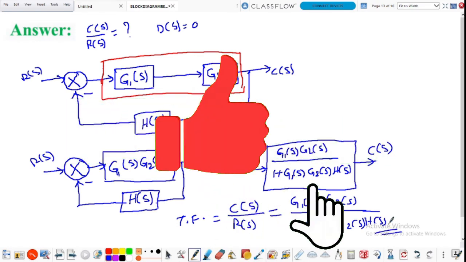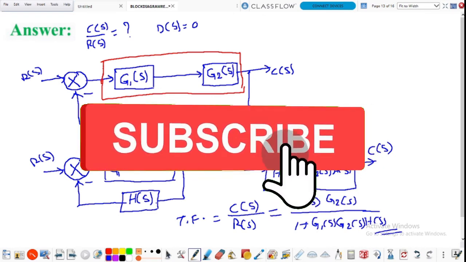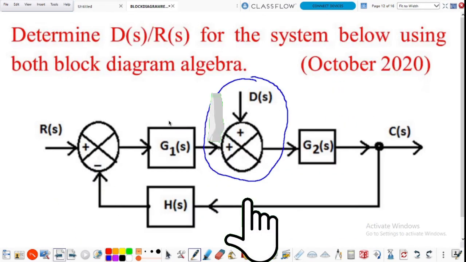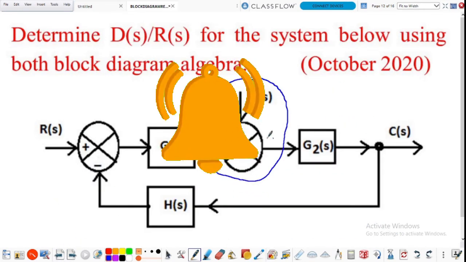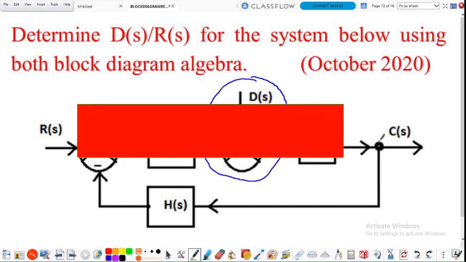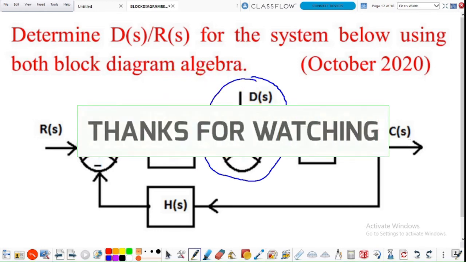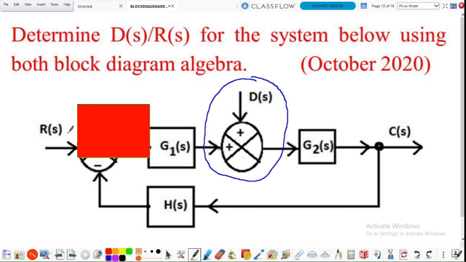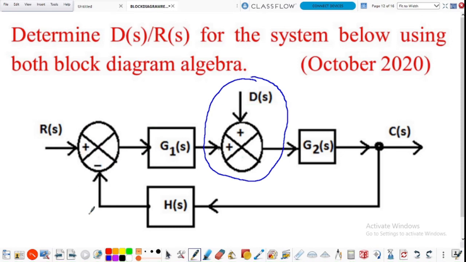So next determine C of s by D of s value.